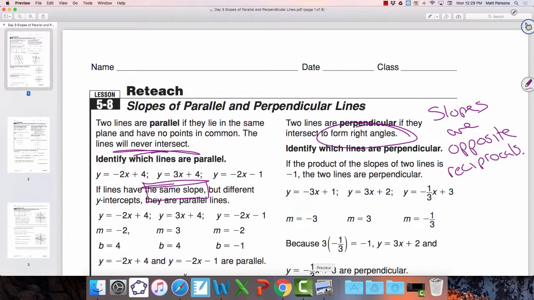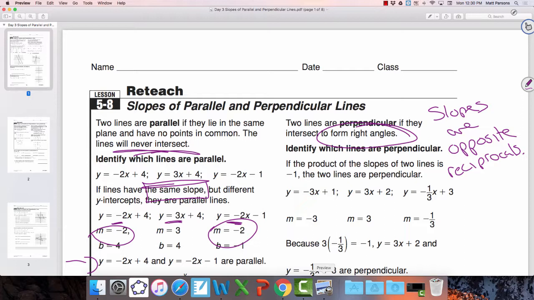So in this first example, you'll notice that it just highlights what the slope is of those 3 equations. The slope of the first and the third line are the same, so the first and the third line are parallel.